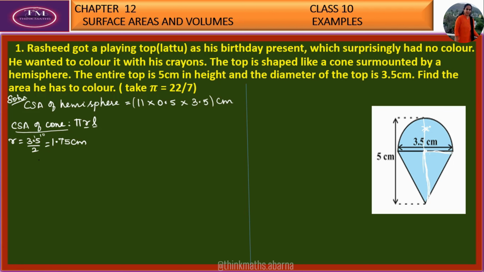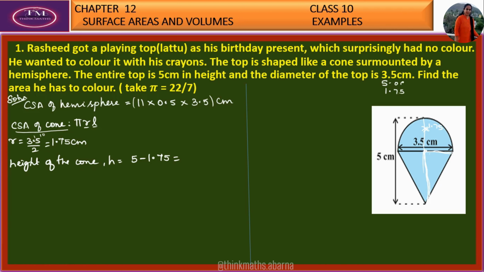So it is 3.5 by 2, which is 1.75. So the height of the cone h is equal to 5 minus 1.75. That is, from the total height, we remove the height of the hemisphere or the radius of the hemisphere. So what is 5 minus 1.75?